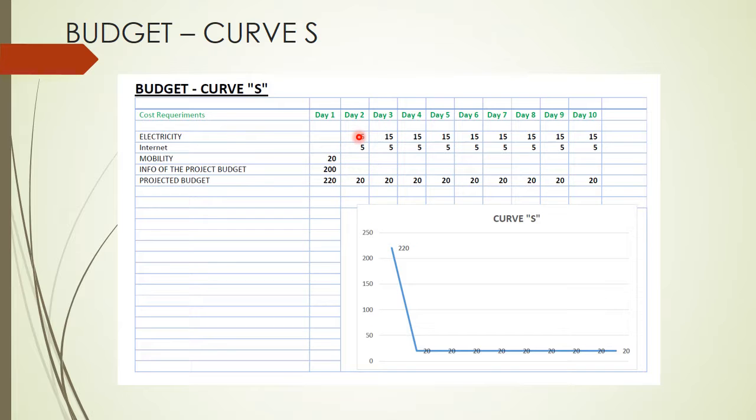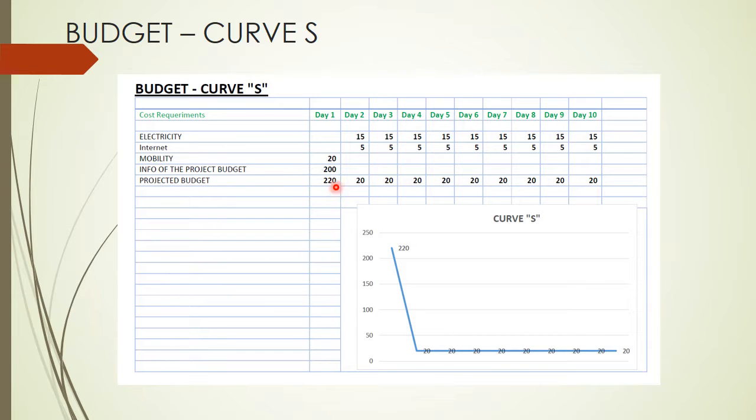But later on, it's going to be 100 per day, so it's going to be a really high cost, but it's profitable. The internet also, the mobility, the information of the project budget, just to have all the information I can on the first day in order to make this project a success.